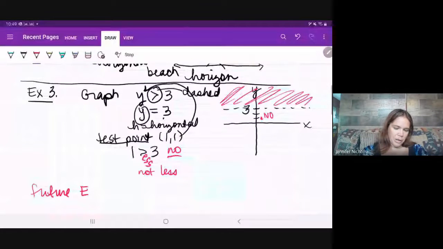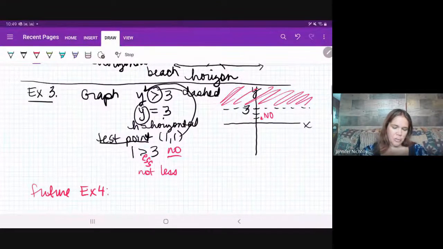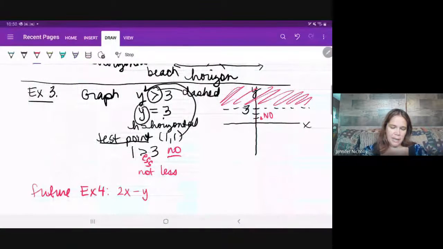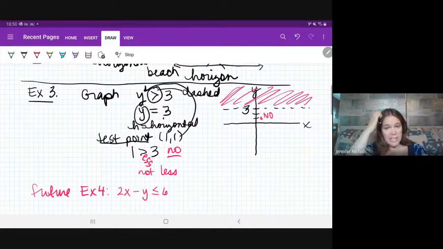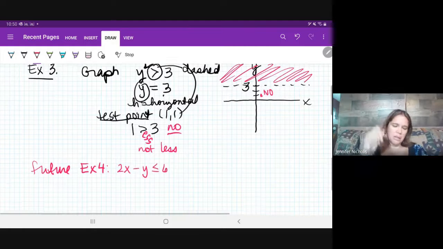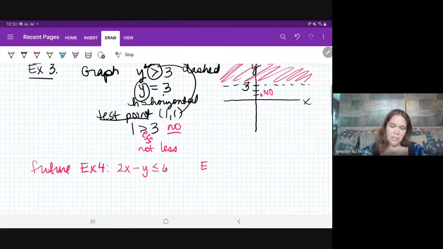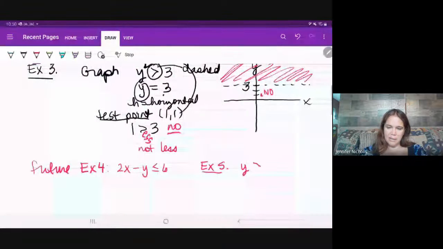Okay, so our future example 4 is going to be one that has something like this. So let me write it for you. 2x minus y less than or equal to 6. This one turns out not to be below. And then the other example I want to show you later, but not today, is going to be one that looks like this.